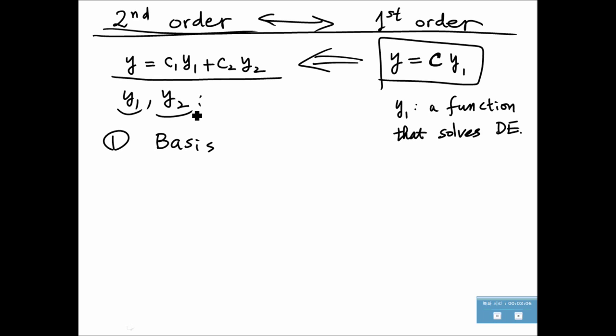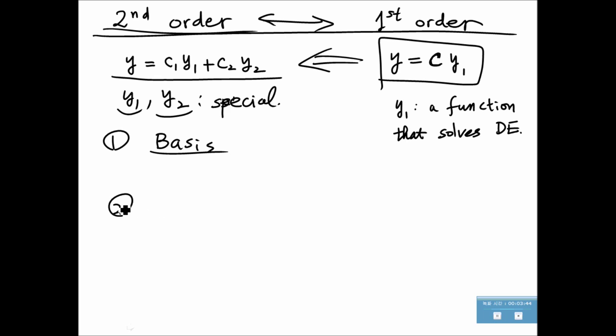Of course, there could be hundreds or thousands of functions that can satisfy the given differential equation, and they could be very similar, but we don't need similar solutions all the time. So y1 and y2 are very special functions, not just any functions that satisfy the differential equation. That's called a basis. So we have to find the basis y1 and y2.